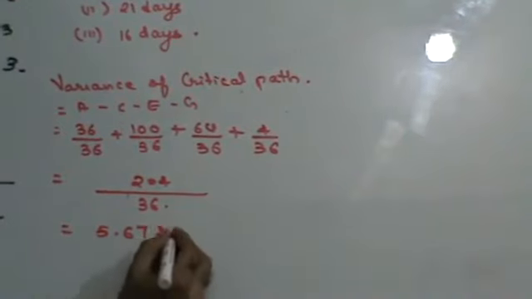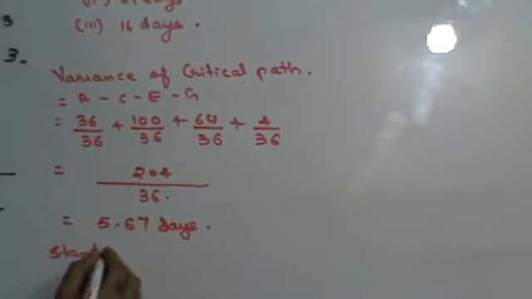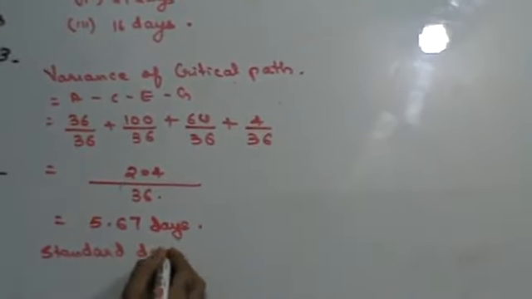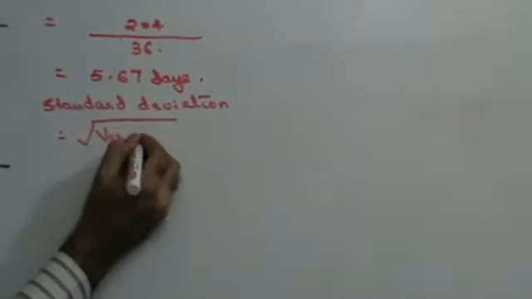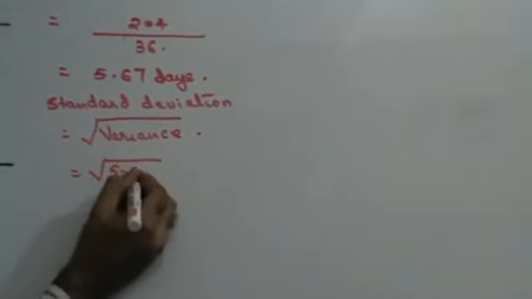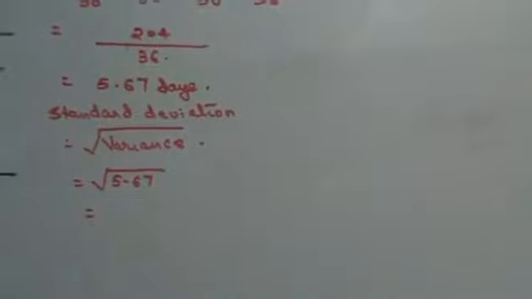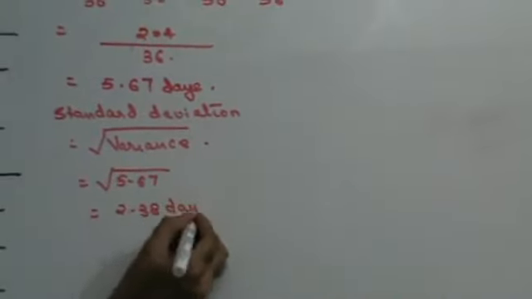Once you get the variance, then you can find out the standard deviation. Standard deviation is given by the formula square root of variance. So this is going to be the square root of 5.67 days, which will come to 2.38 days.